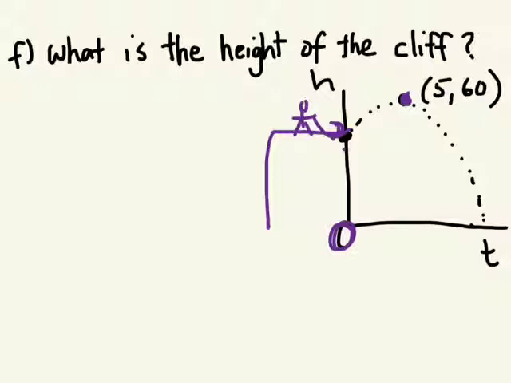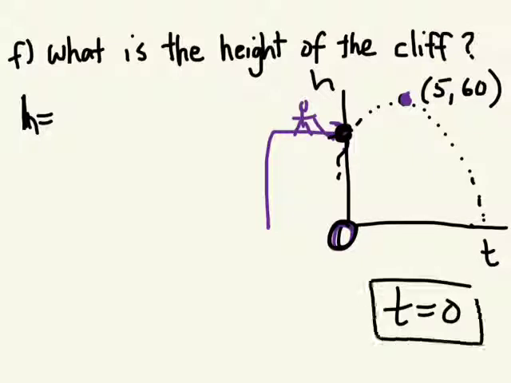So we need to know what the height is if time is 0. If time doesn't pass, that's your starting point. Before you swing, the ball hasn't moved, right? So where does it start? Using the same equation, which was negative 5 times t minus 5, squared, plus 60.